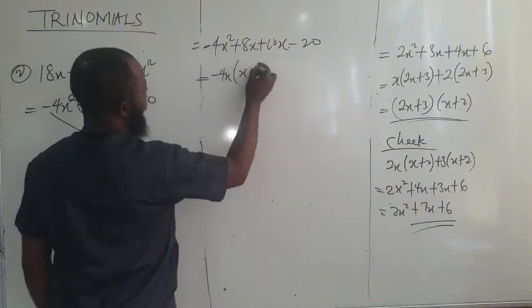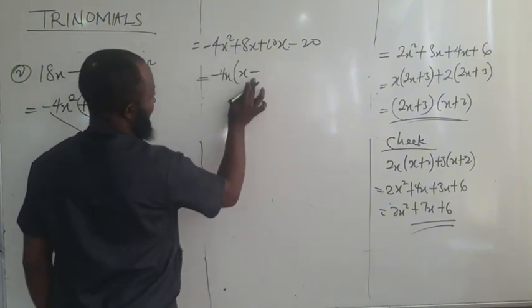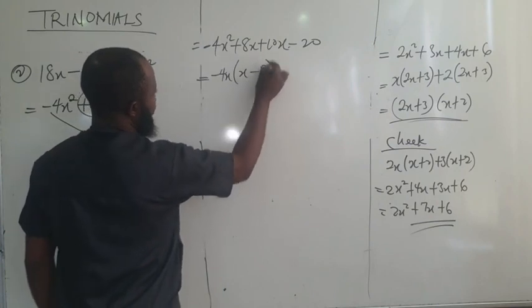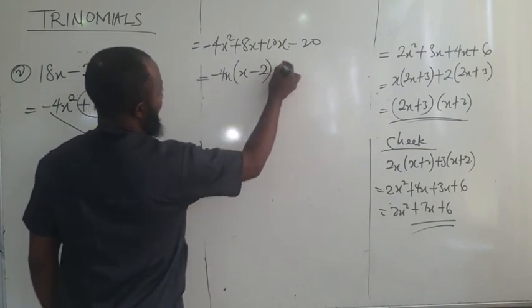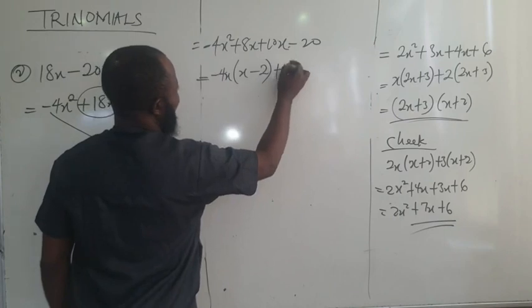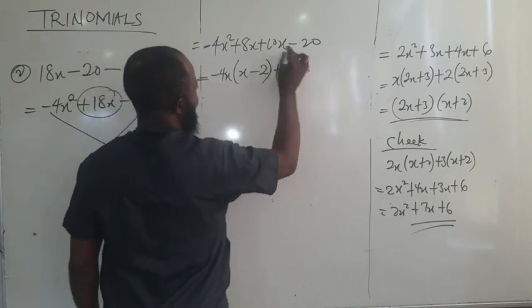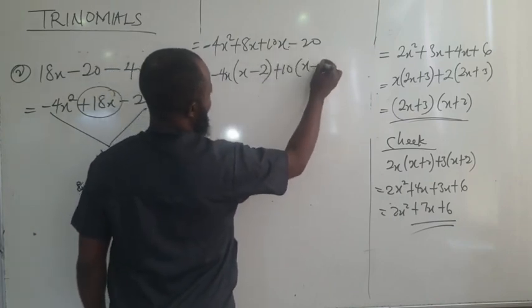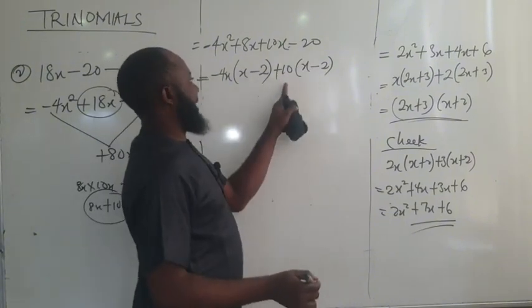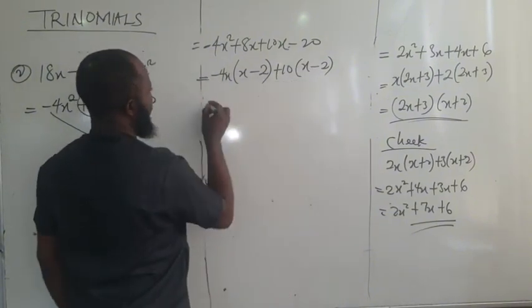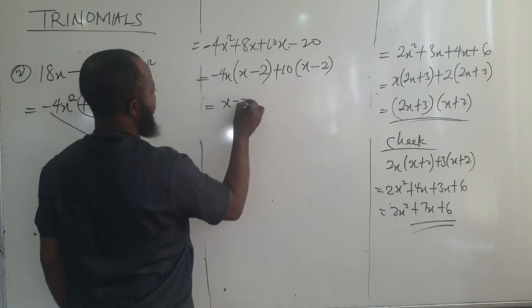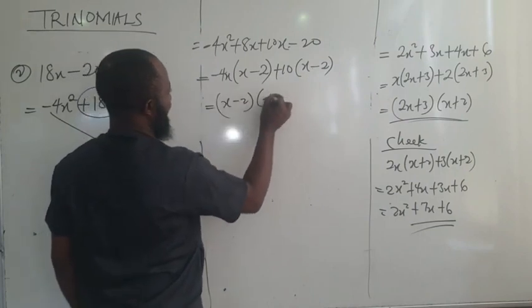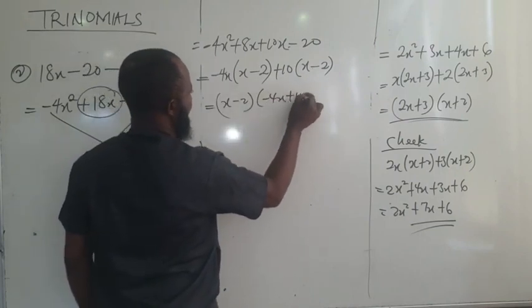Alright? And what is left there? Minus times plus gives us minus, so this will be 2. Am I with you? Plus, what can go here is 10. What will be left is x. So plus times minus is minus 2, since 20 divided by 10 is 2. You can see what we have there. So we're going to have x minus 2 into bracket minus 4x plus 10.